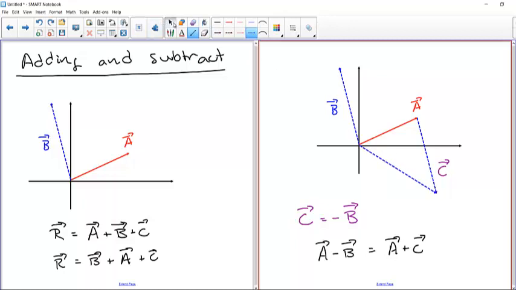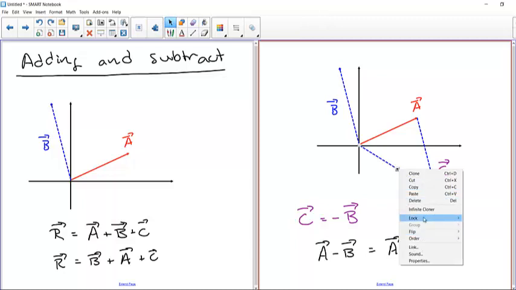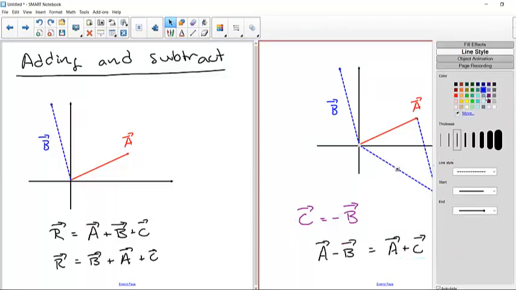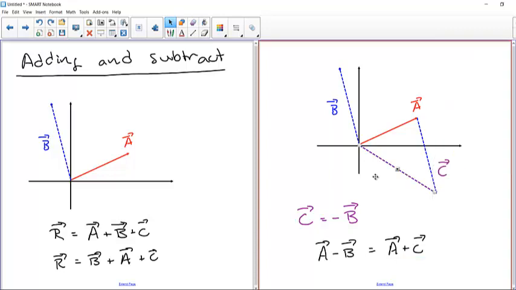Let me change the color, make it purple. This is the resultant vector here. The resultant vector is A plus C, which is the same as A minus B. So A plus B would be up here, and A minus B would be down here.